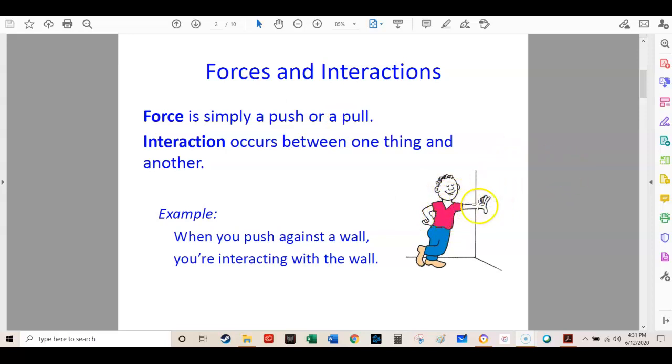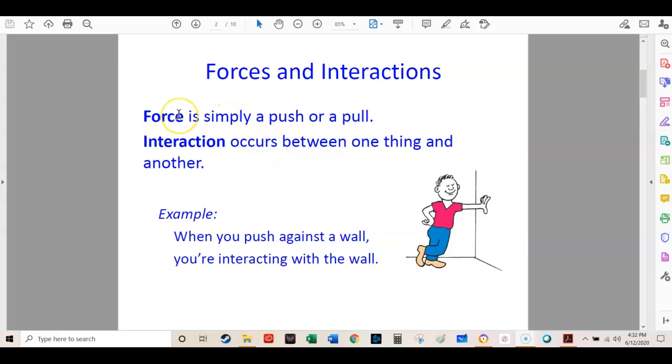You could see that the boy is touching the wall, so that is an interaction of those two things. And so at this point we'd do a force diagram, and we'd probably be doing a free body diagram on the boy.